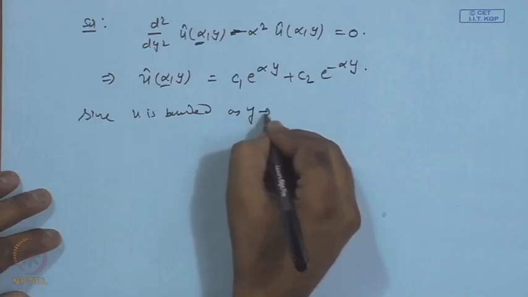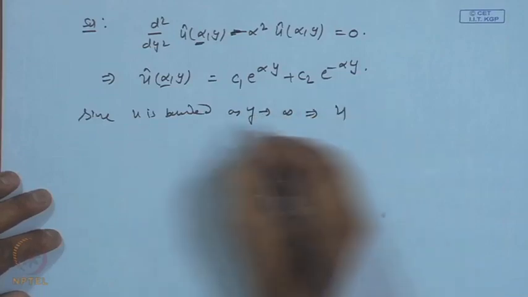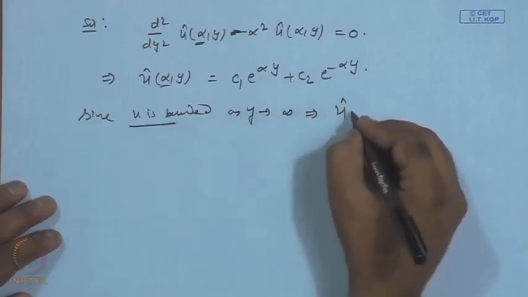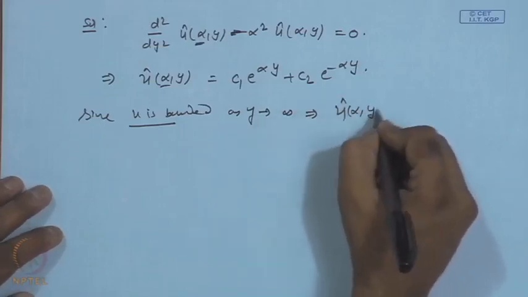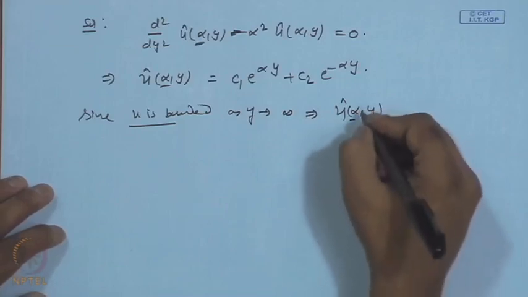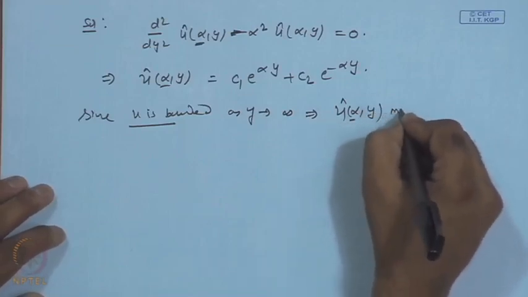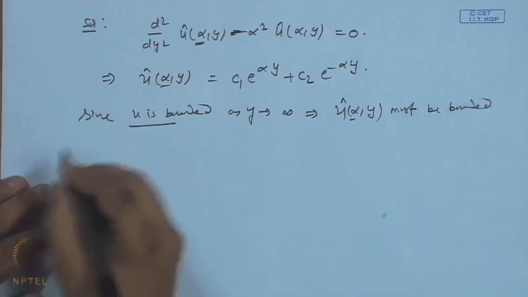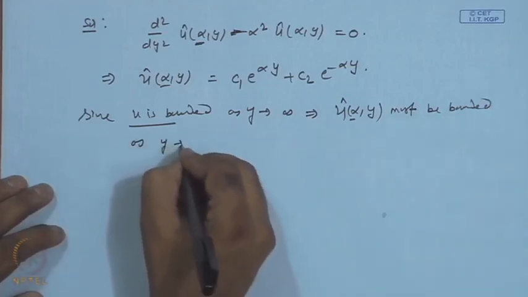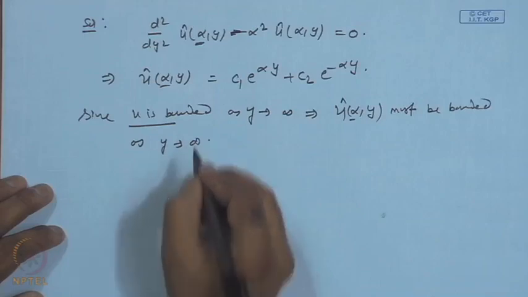as y approaches infinity, and this will imply straight away that its Fourier transform, which we take with respect to x, not with respect to y, must also be bounded as y approaches infinity.